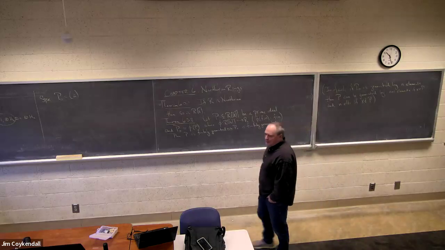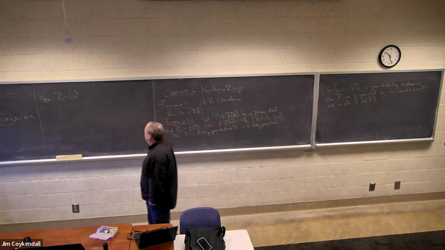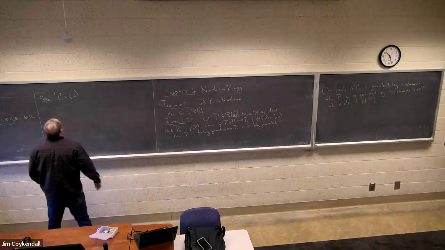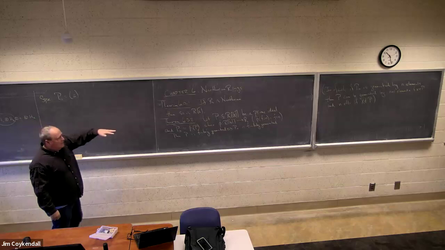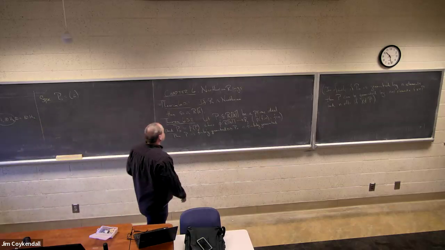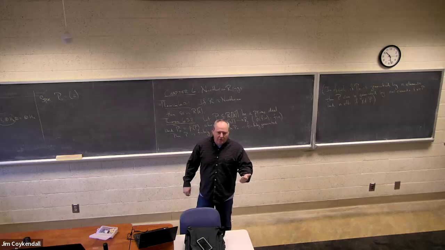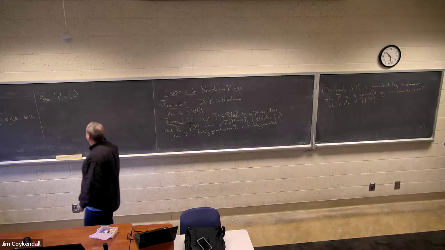Suppose that P0 is generated by a downstairs. Now the claim here is that the original P can be generated by either one or two elements, depending on whether X is in P.